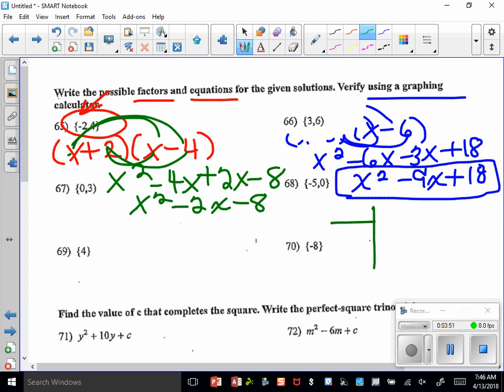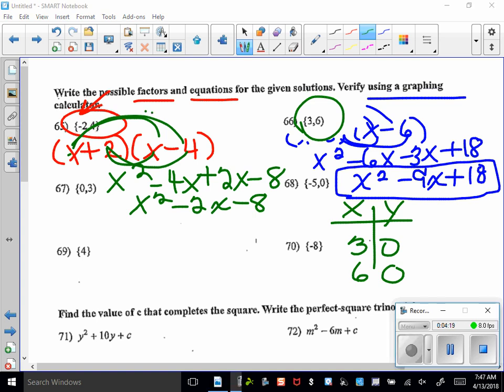You go to the table, and these intercepts that are 3 and 6, you can either read it off the graph if it graphs, or you can go to the table and make sure 3 pairs up with 0 and 6 pairs up with 0. Okay, and that's how you know that your equation is correct. So if you're taking your SOL test and you're not sure, you definitely want to be sure. This is a way that you could check it with your calculator.